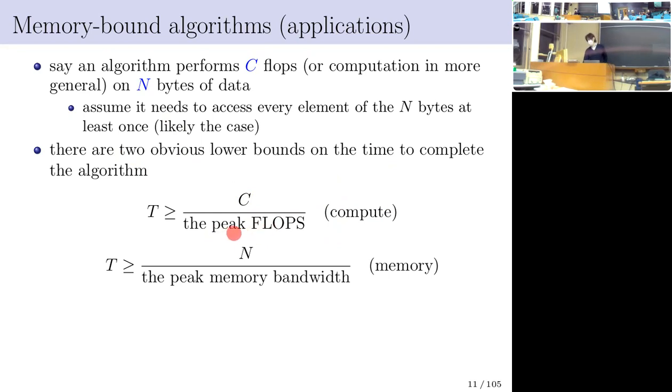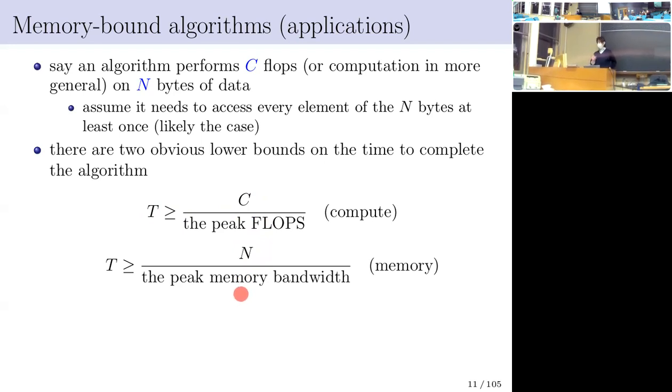You simply divide this by the peak processor performance, the peak flops. So the execution time of a single iteration cannot go below this number. And the same argument holds for memory.